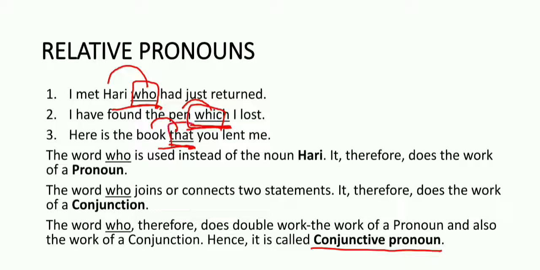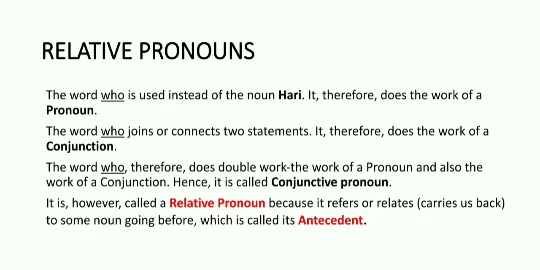So a noun is used first, and after that noun we use the pronoun, which refers or relates to some noun going before. That is why they are called relative pronouns.